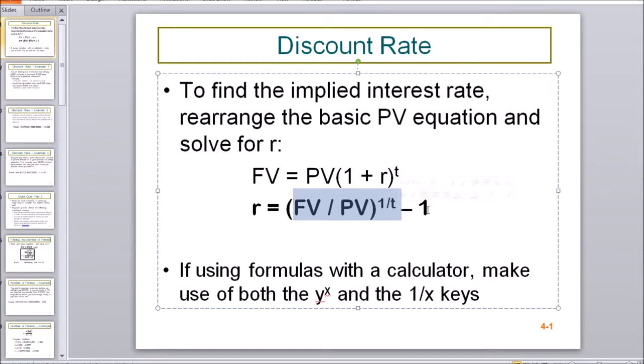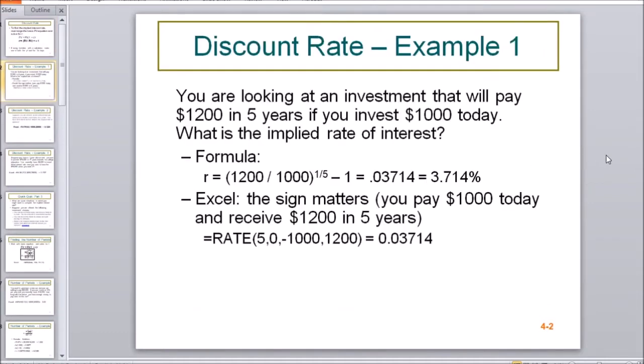Okay? So that's a formula you maybe want to take a note of, but as we did last week, a lot of our calculations are actually going to be done in Excel, and there's a different, simpler formula in Excel. You'll have a look at that in this example.